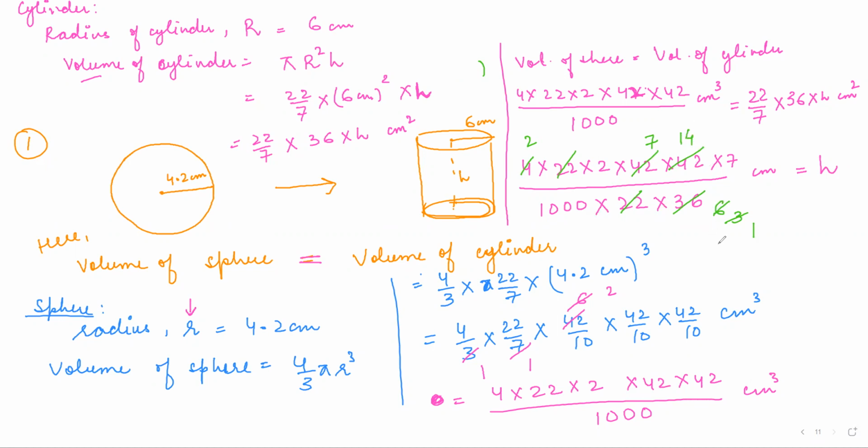So multiply the numerator. So 2 into 2, then I have 4, and 4 into 7 is 28, into 14, into 7 is left, divided by 1000 centimeter equal to h. So now can you multiply 28 into 14 into 7? Please multiply and tell me.